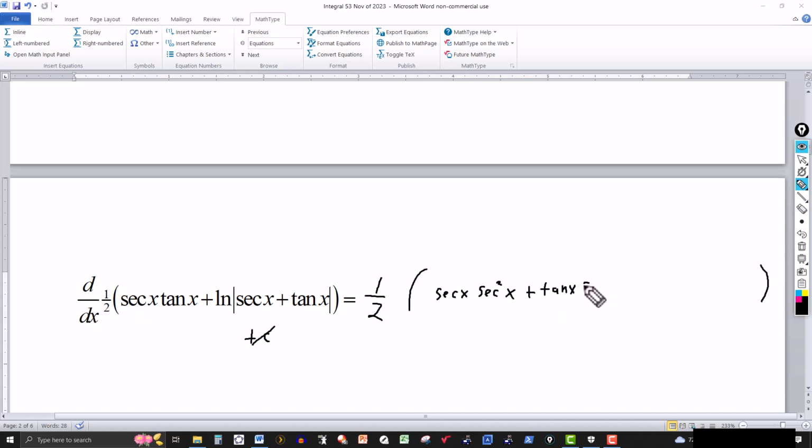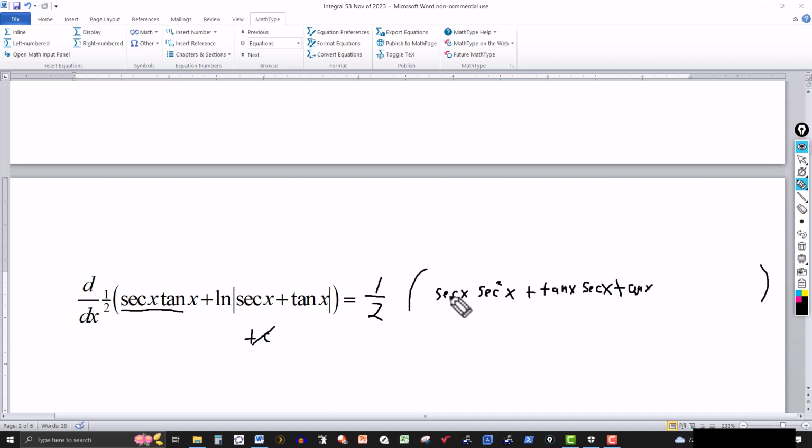And that's going to be secant of x, tangent of x. So again, we're using the product rule to compute the derivative here. Secant times the derivative of tangent is secant squared. And then it's tangent times the derivative of secant. And that's secant tangent. You got this.